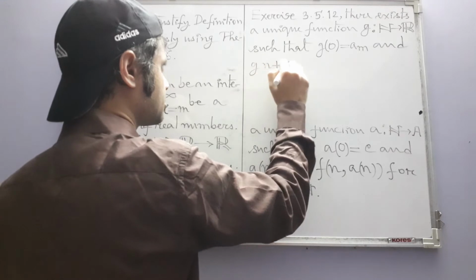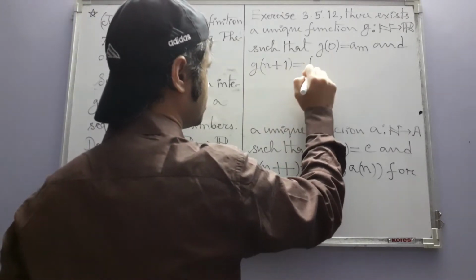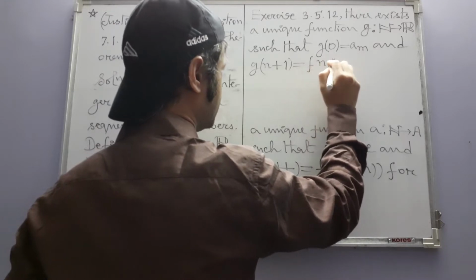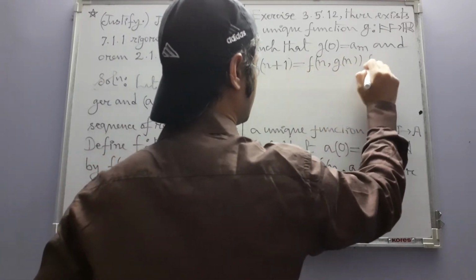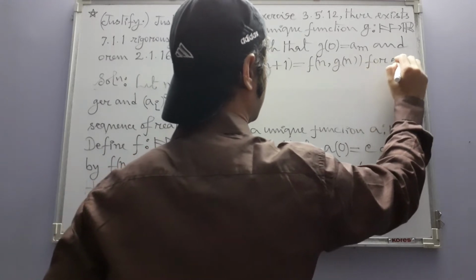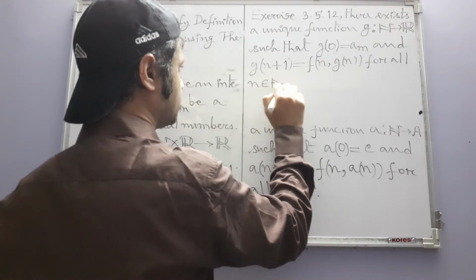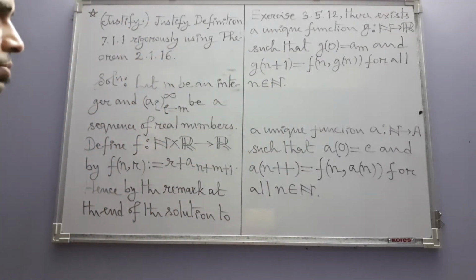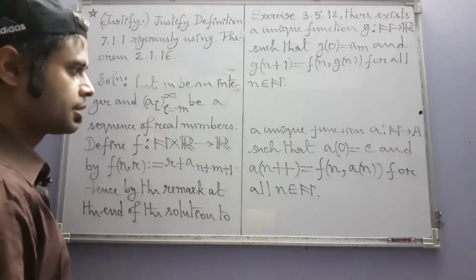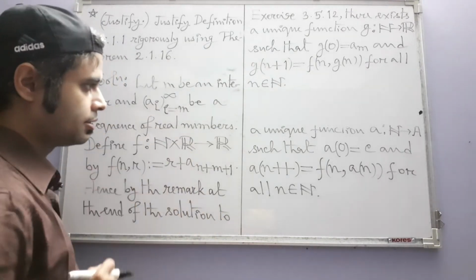Translate means we are just simply going to write this thing: G of n plus 1 is equal to f of n comma g of n, for all n belonging to N. Okay. So this is just simply an application of this remark to this current situation.